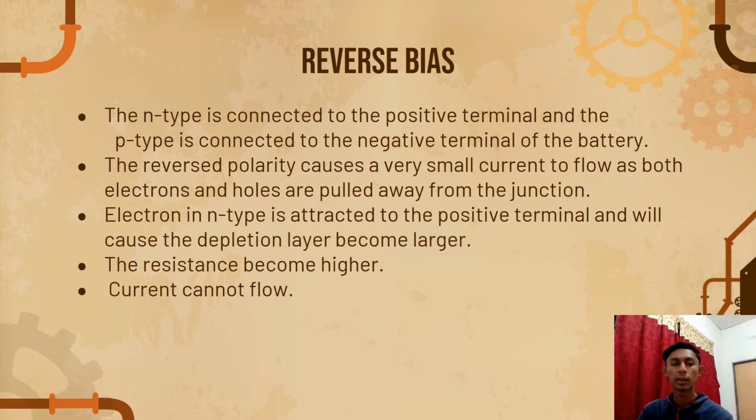The electrons in N-type are attracted to the positive terminal and will cause the depletion layer to become larger. The resistance becomes higher, current cannot flow.